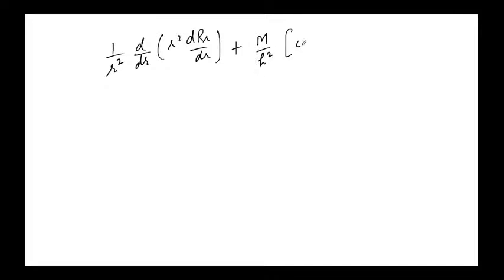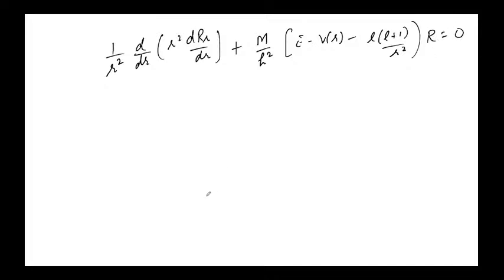The radial solution of this equation can be represented as 1 over r squared d over dr of r squared dR over dr plus 2m over h bar squared times E minus V(r) minus l(l+1) over r squared, times R, equal to 0.